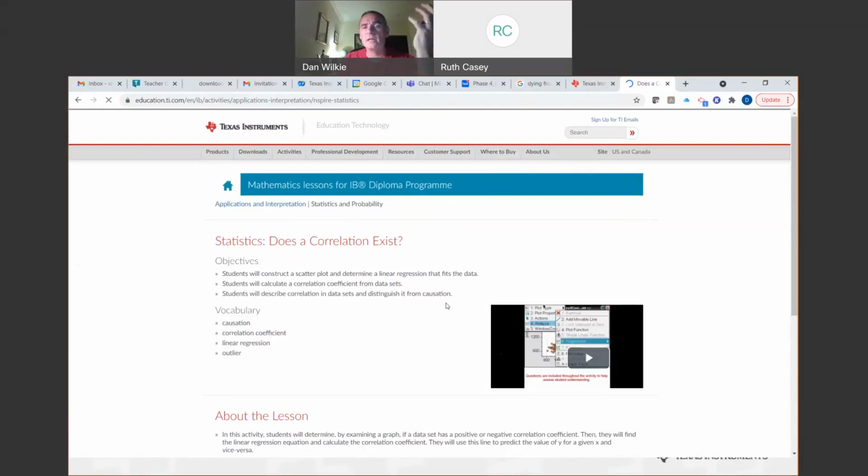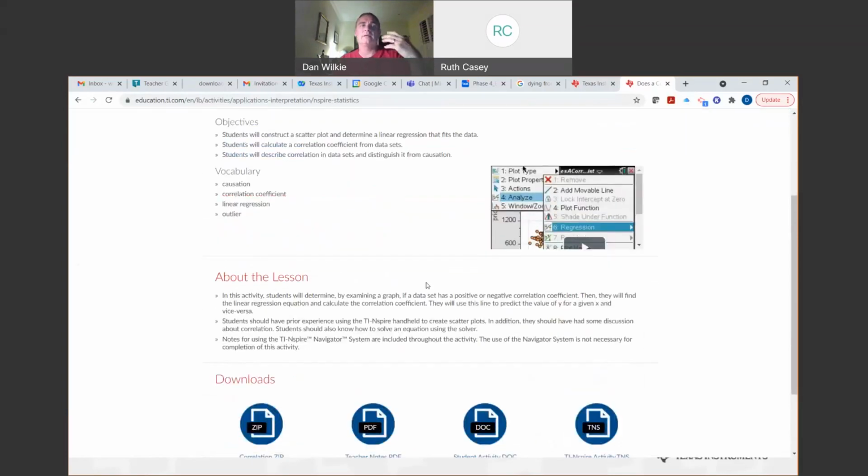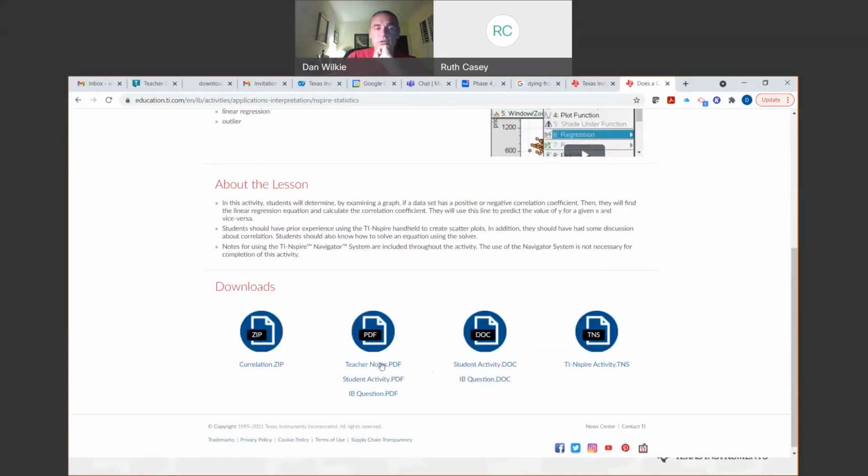This activity existed, but I altered it slightly to align more with IB and what we do in our IB classes, and I also created an 84 activity that meshes well with it. So whatever technology you use in class, that's what we're using. It has the same materials at the bottom: the teacher notes, student activity, and IB question.